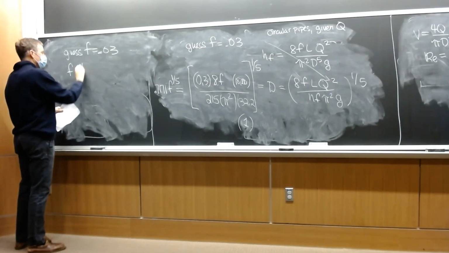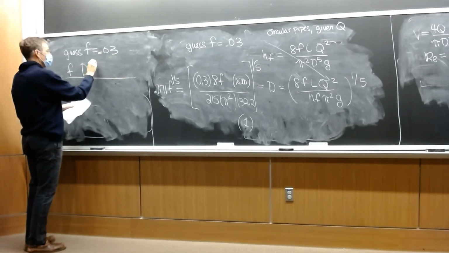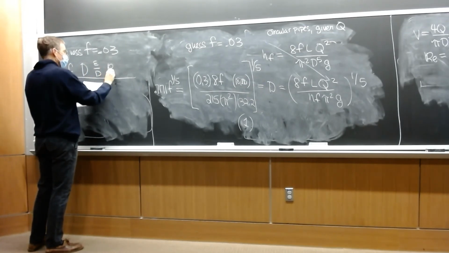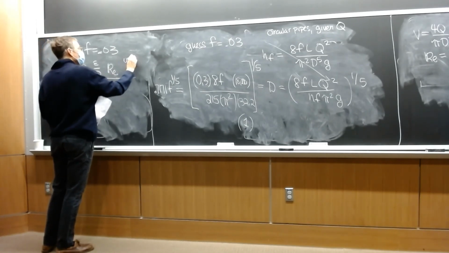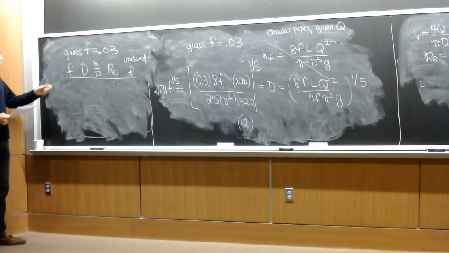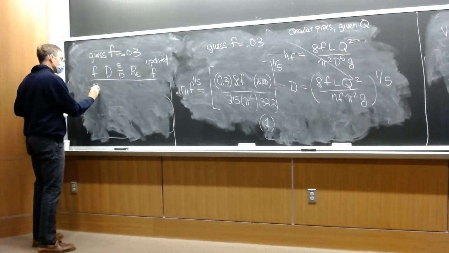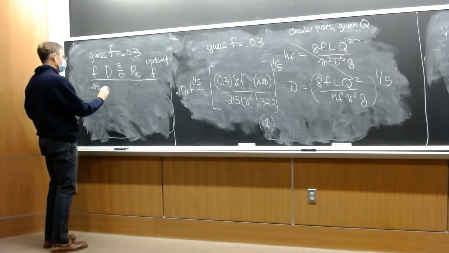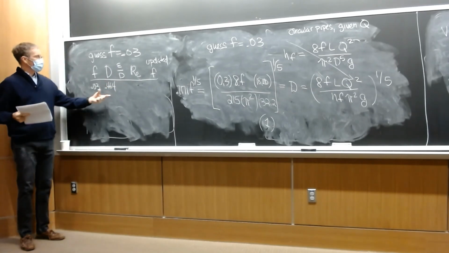Then get a value for D, get a value for epsilon over D. Okay, so we'd start off with 0.03, use that equation, would give us an estimate of the diameter is this.